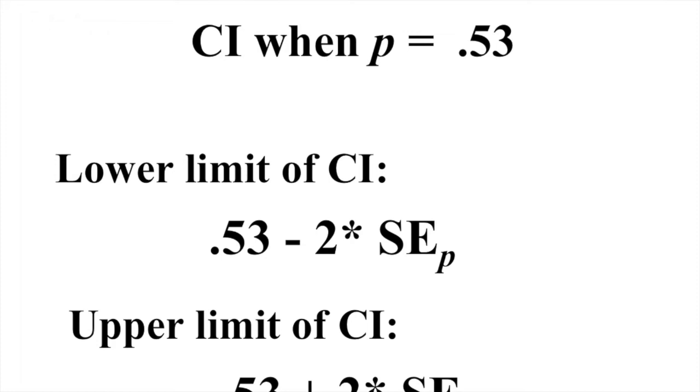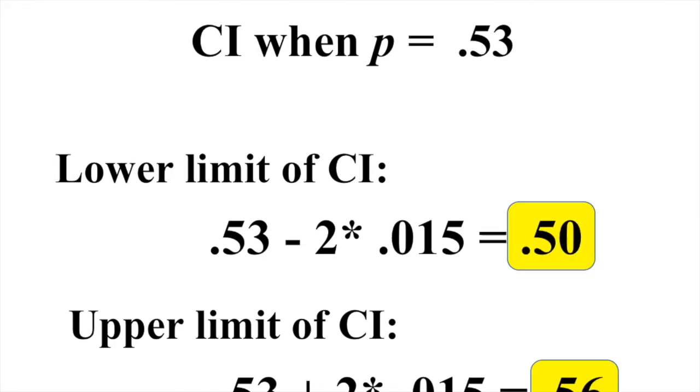During the last lecture, we found that the standard error for this sampling distribution is 0.015. So we just plug in 0.015 for the standard error in the formula. And when we do the math, we get the lower limit as 0.50 and the upper limit as 0.56.